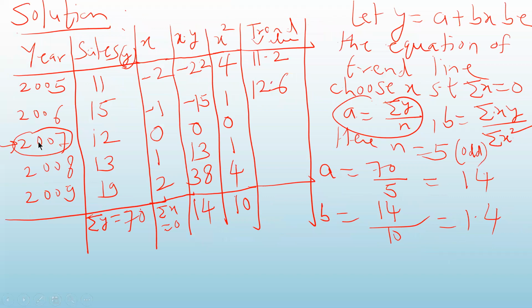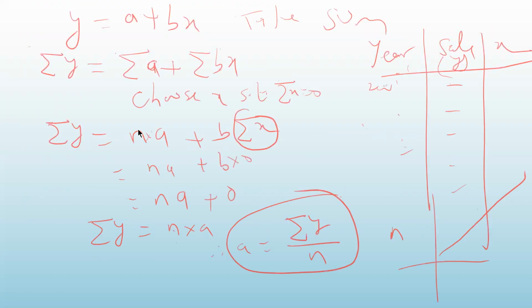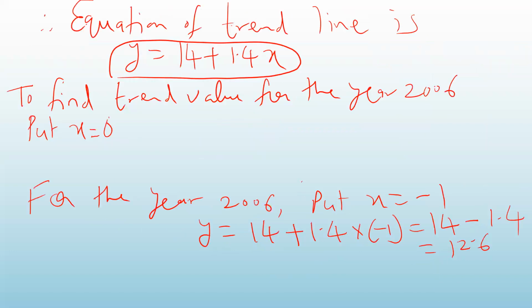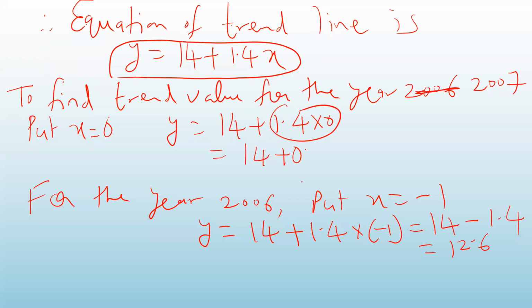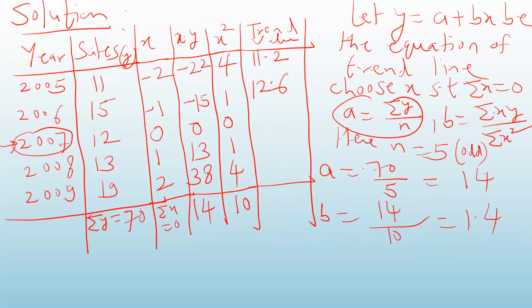For the year 2007, put x equal to 0. So when you put x equal to 0, you will get y equal to 14 plus 1.4 into 0. So 14 plus this whole thing will become 0. So the answer will be 14 only. So for 2007, it will be 14.